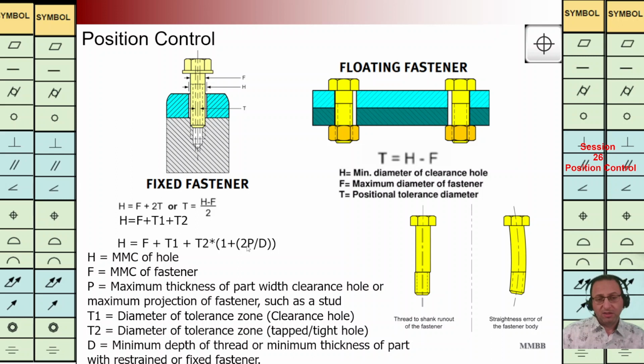And here for the fixed fastener, P is going to represent the length of projected TZ, and D is the depth of the thread.